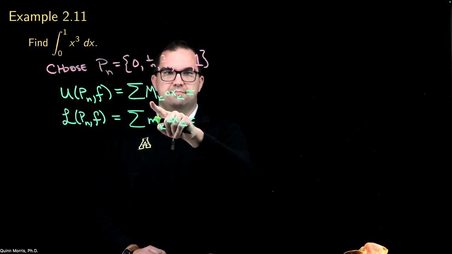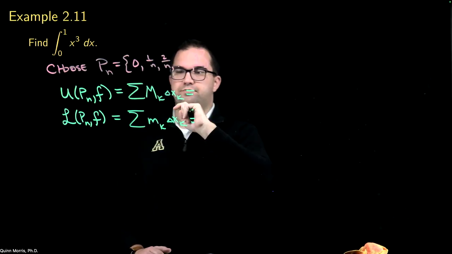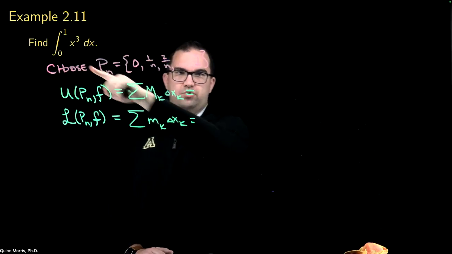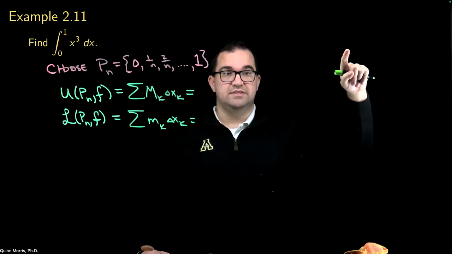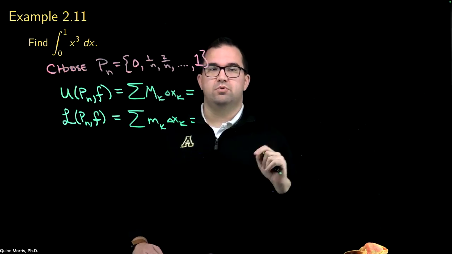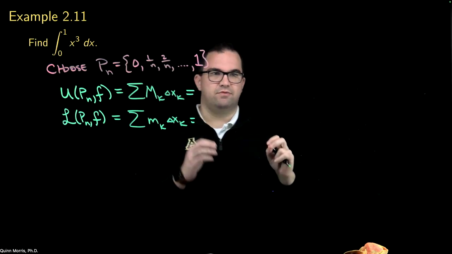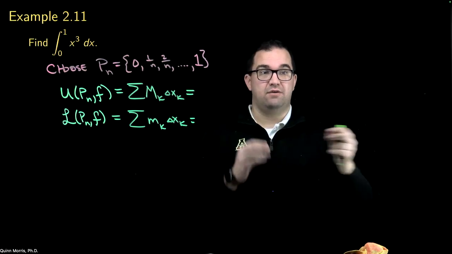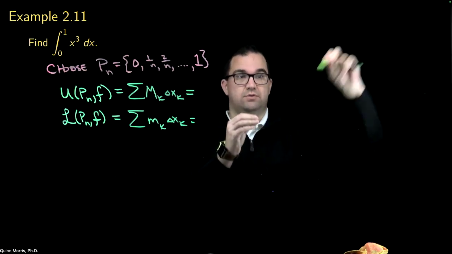Now, if I think about this maximum value here, let me first think about the fact that this function x cubed is monotone increasing on the interval 0, 1. Okay. So what that means is the maximum value of the function is going to occur at the right-hand endpoint of any subinterval, right? My function is always increasing.